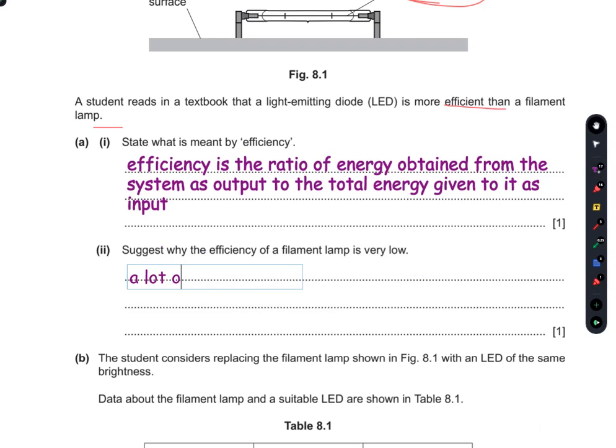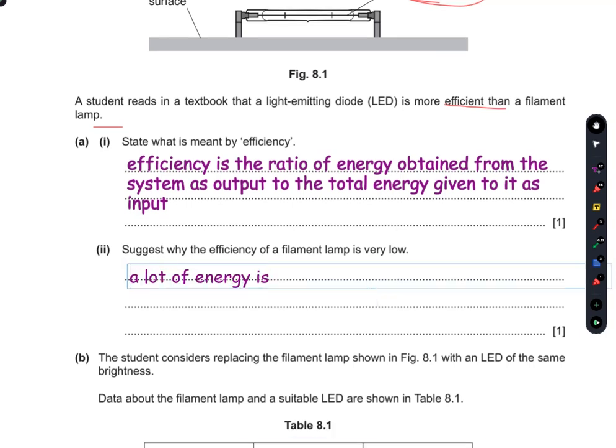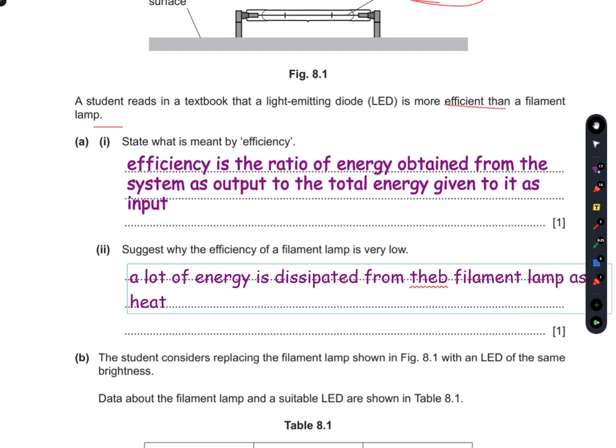A lot of energy is dissipated from the filament lamp as heat, and that's the reason why it has lower efficiency.